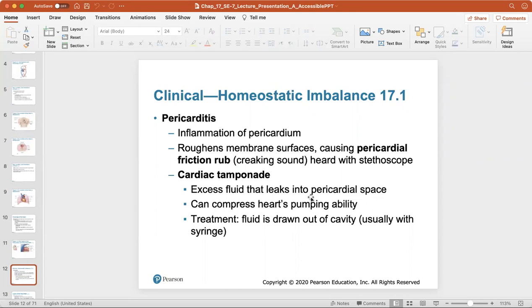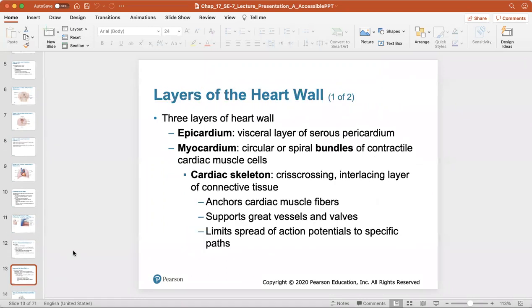So pericarditis is an inflammation of the pericardium. It roughens the membrane surfaces, causing a pericardial friction rub or a creaking sound, which can be heard with a stethoscope. Cardiac tamponade is when excess fluid leaks into the pericardial space. This can compress the heart's pumping ability, and treatment is actually to draw excess fluid out, usually with a syringe.